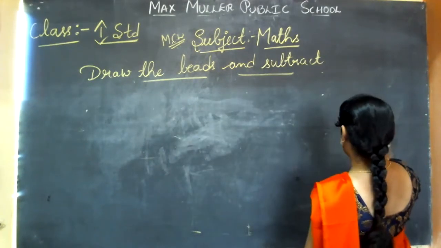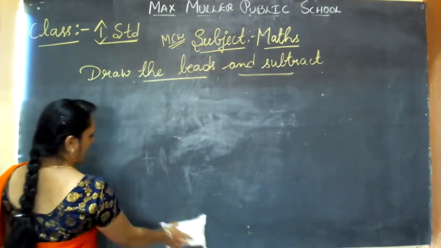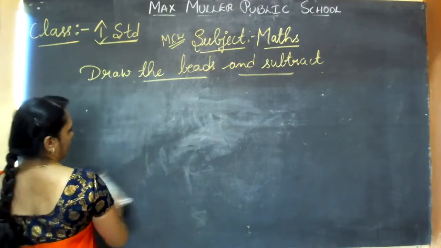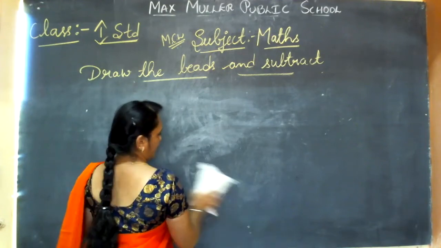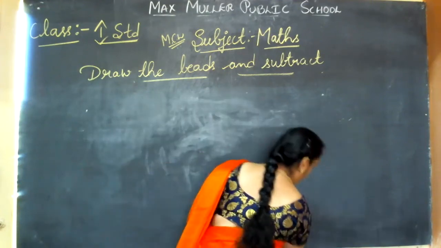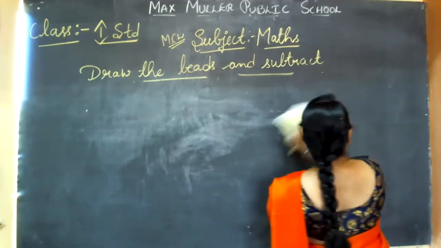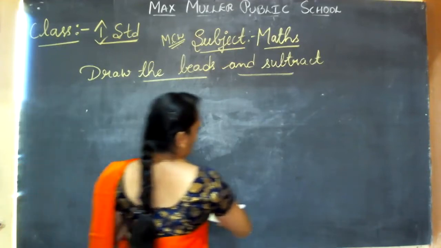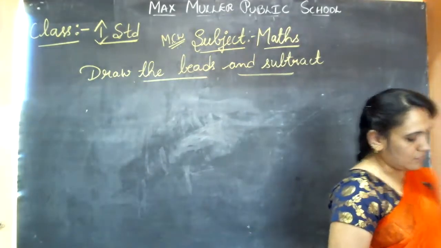Same main, but copy the second sum down on the next page. Next page, okay? No need to write the heading once again. Same main.